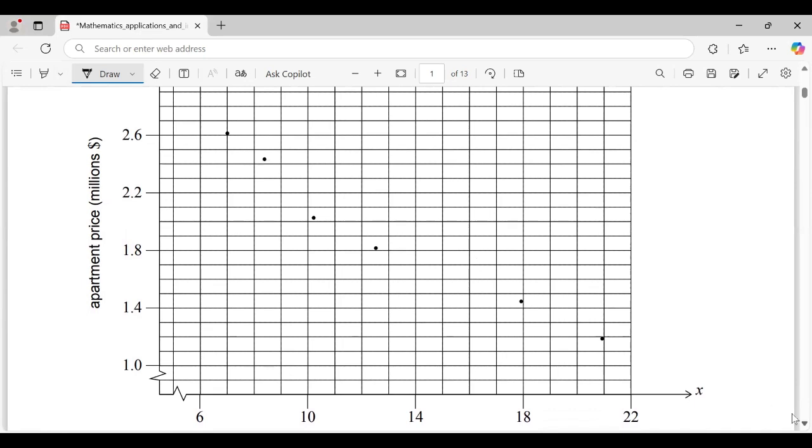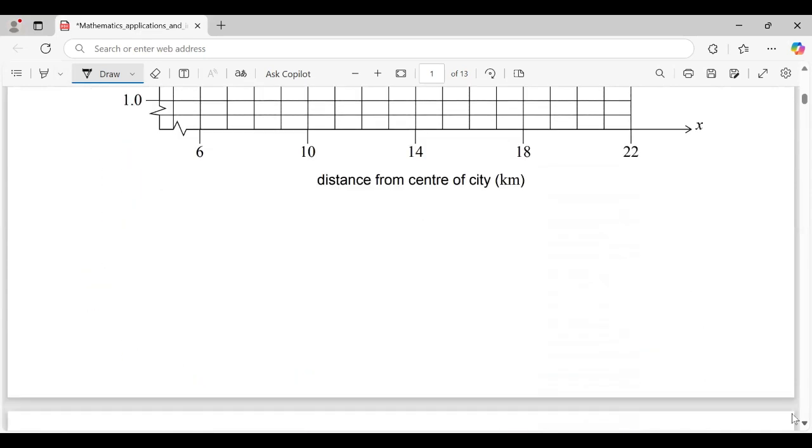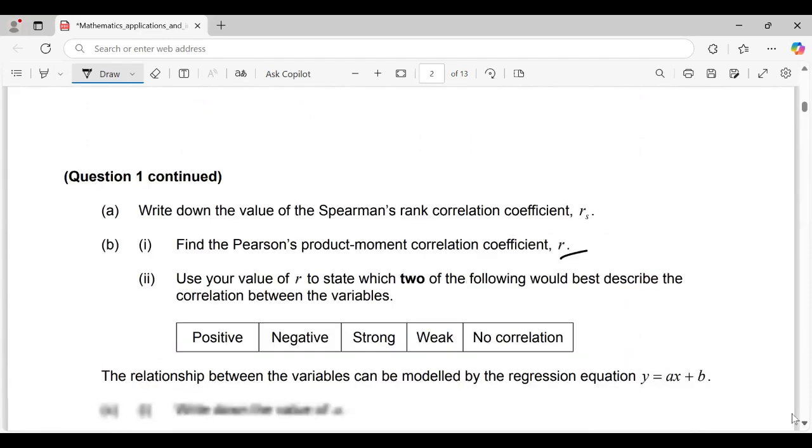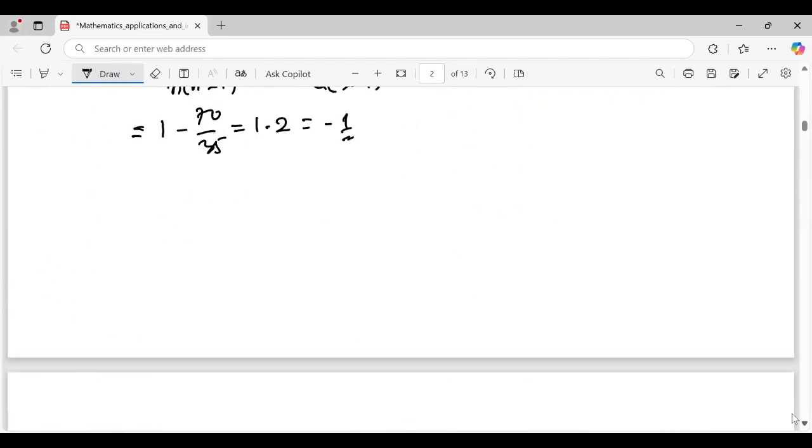That's why just now the correlation is negative, right? Okay, we're going to find a and b.